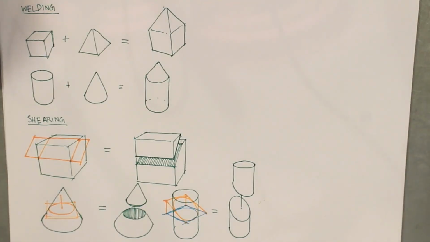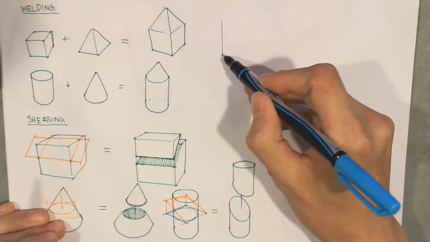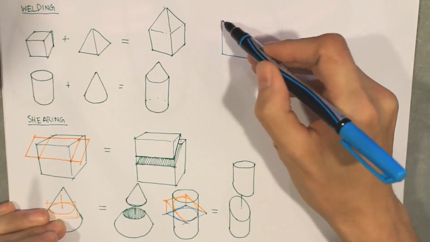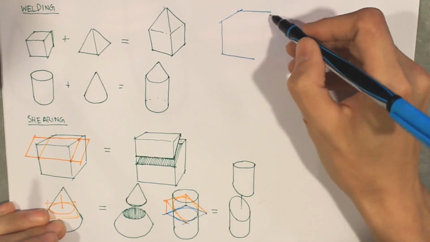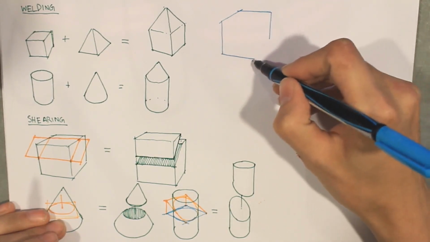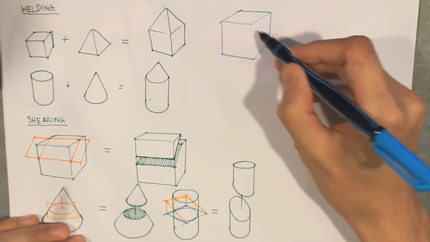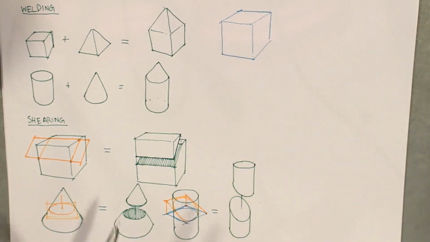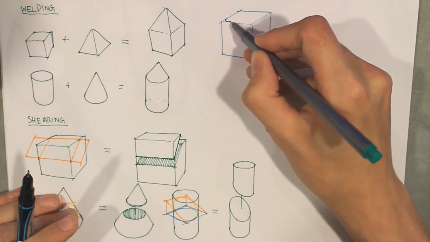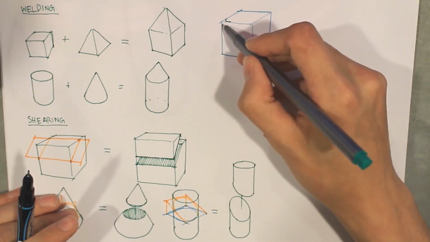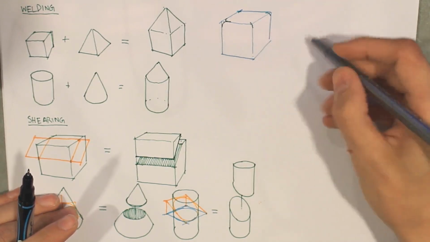The next modification we'll talk about is rounding out our forms. So I'll start with a hard-edged cube. And what we're going to do is round out the edges in multiple ways. We're going to round it out on the top face and along these angles here, and you'll see how that comes together.